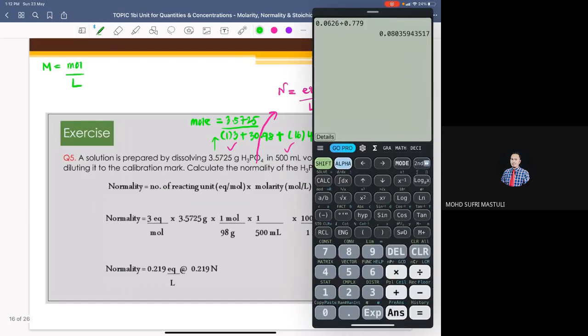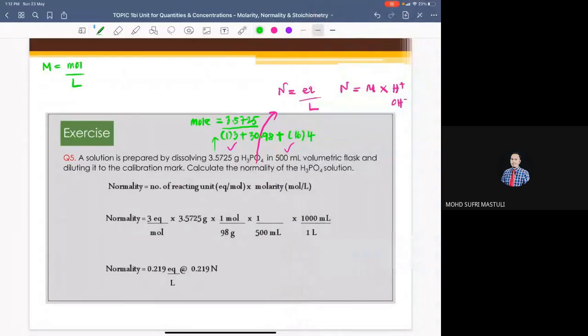We try this formula first, is it work or not? 16 times 4 plus 30.98 plus 1 times 3 is 3, and then 3.5725 divided by the answer, you can get the mole number: 0.0365.